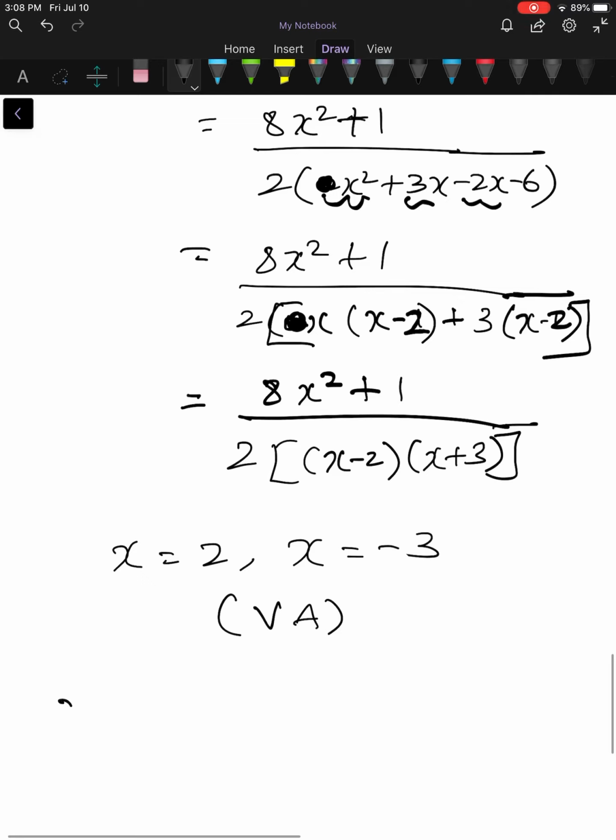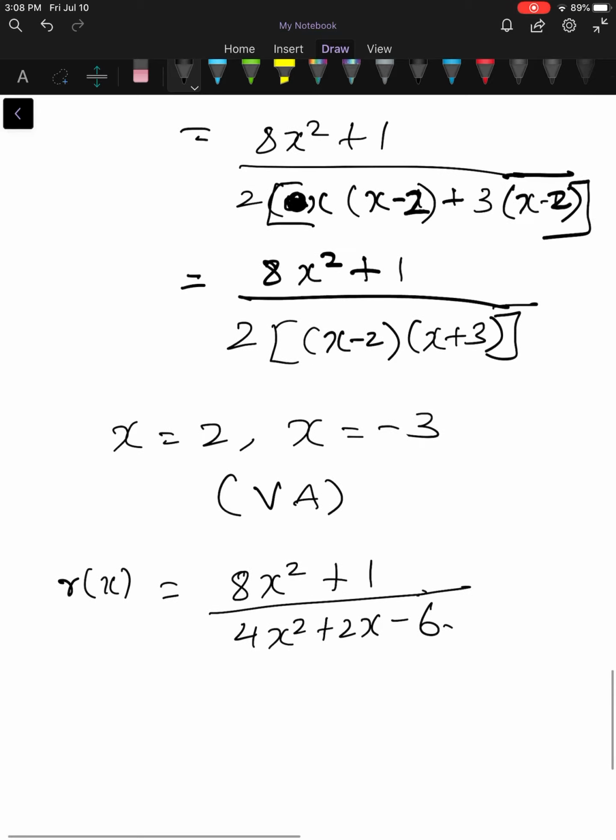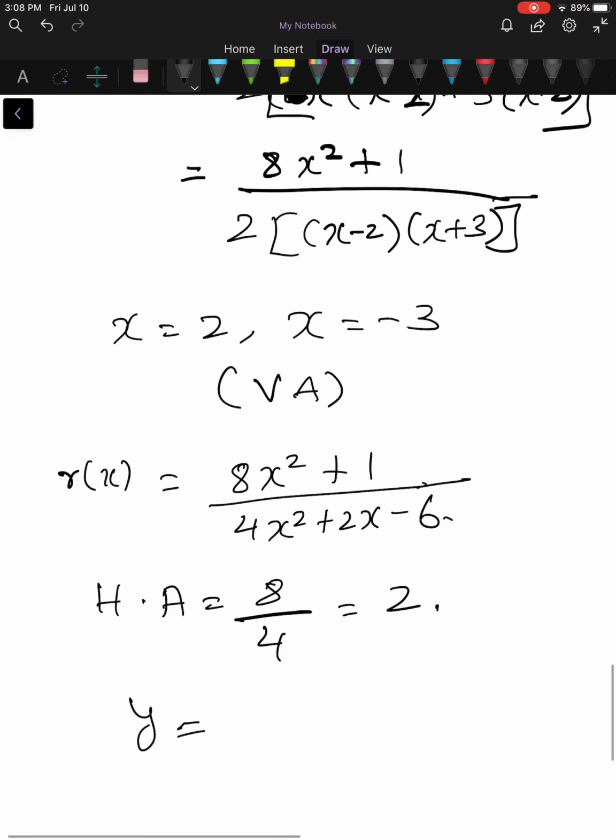The degree of the numerator and the degree of the denominator is 2, so it is equal. So our horizontal asymptote is the leading coefficient of the numerator divided by the leading coefficient of the denominator. So it is 8 over 4, that is nothing but 2. So y is equal to 2 is our horizontal asymptote.